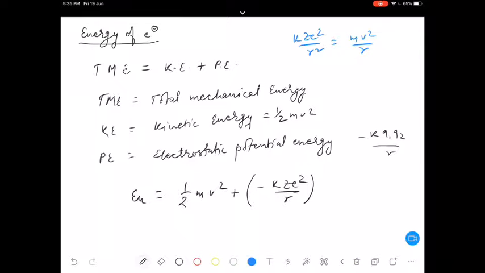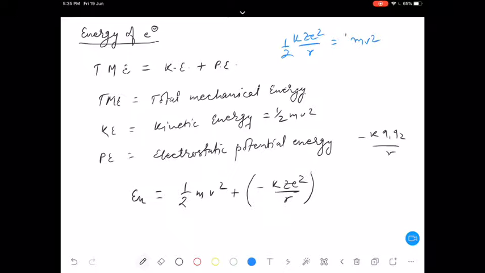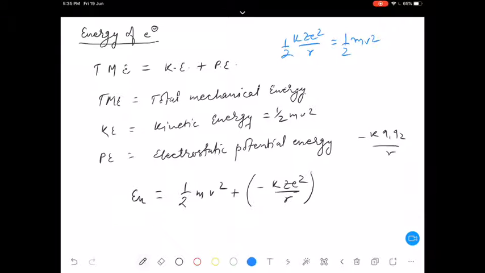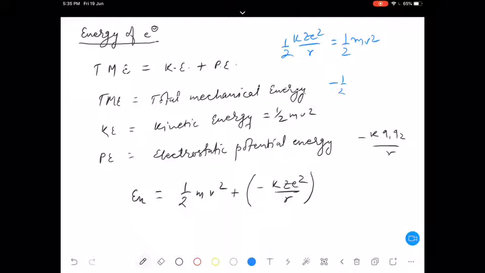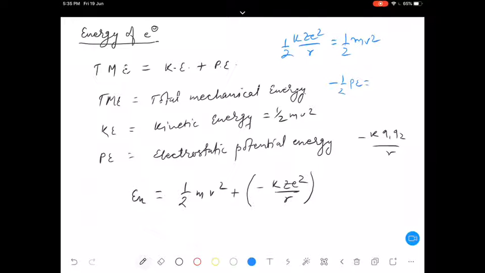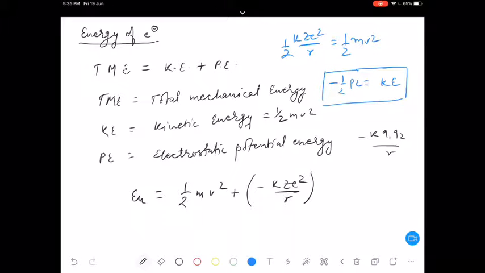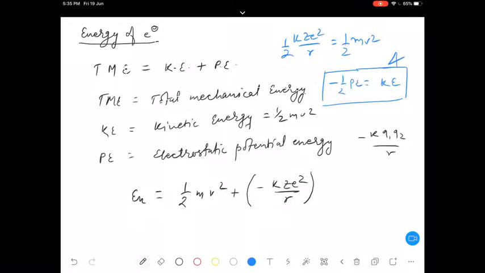Isn't that right? r to r I can cancel out, so I'll just write this k z e square as mv square. If I multiply by half on both sides, the right hand side becomes kinetic energy, and this is the negative of potential energy, isn't that right? So minus half of potential energy I can write as kinetic energy. Is that correct? That is one of the expressions you should try to remember.